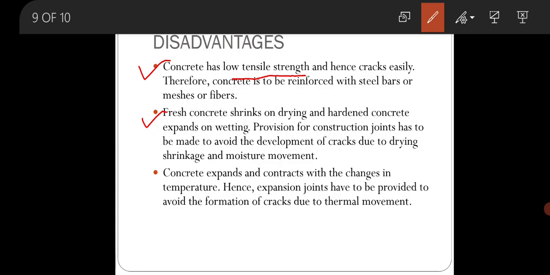Therefore, construction joints have to be provided in order to avoid the development of cracks due to drying shrinkage. Next one is concrete expands and contracts with the change in temperature. Therefore, expansion joints have to be provided in order to avoid the formation of cracks.